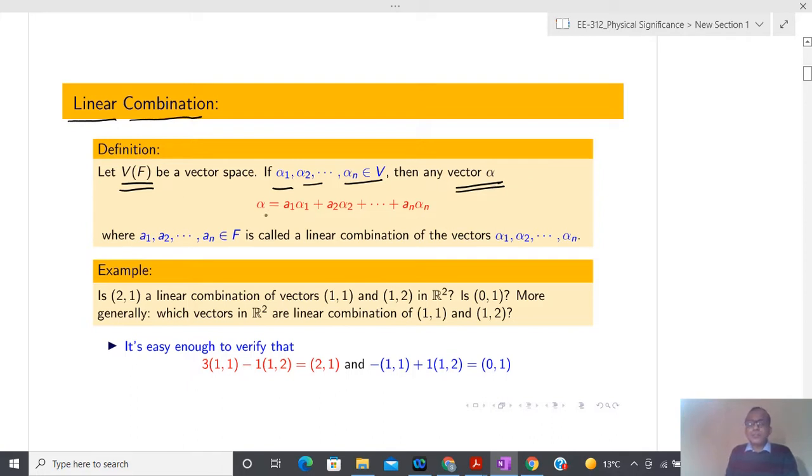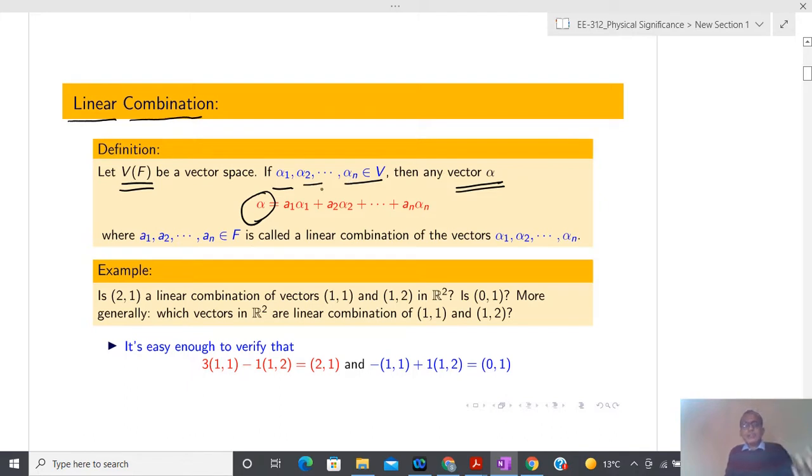It is possible to show that if I select some a1, a2, an, scalars from this field, and write it like this, then I can say that this vector alpha is a linear combination of the other vectors alpha 1, alpha 2 and alpha n.